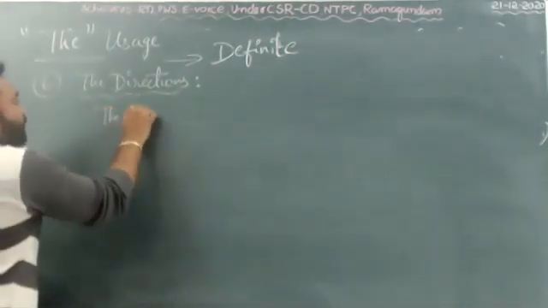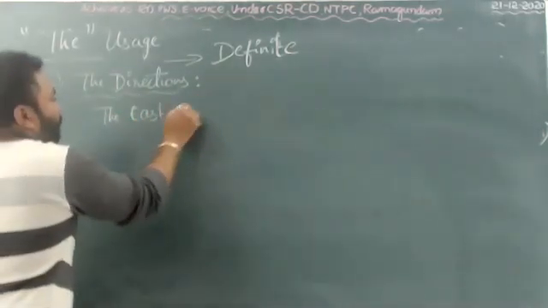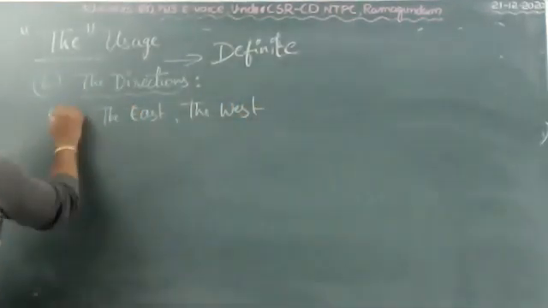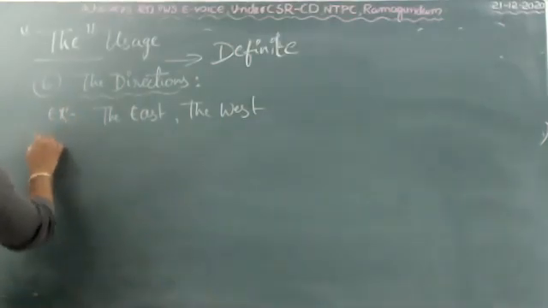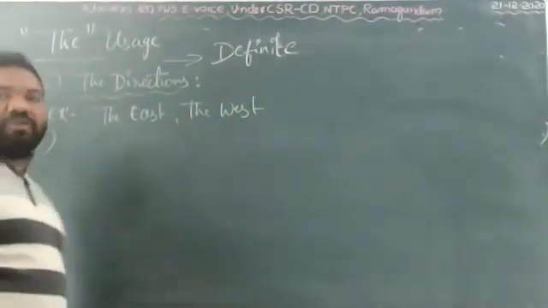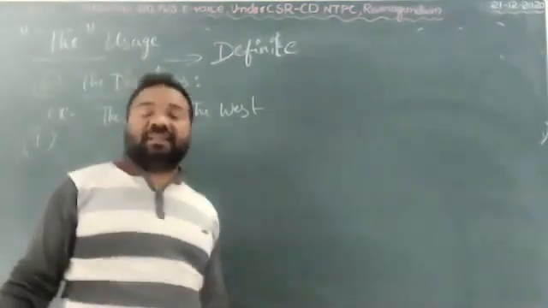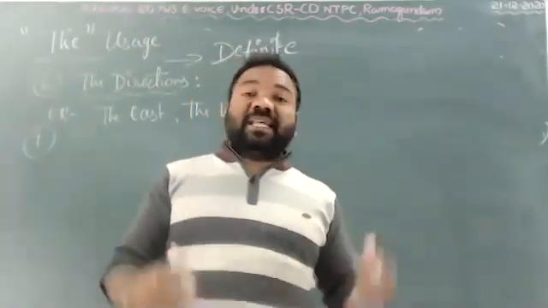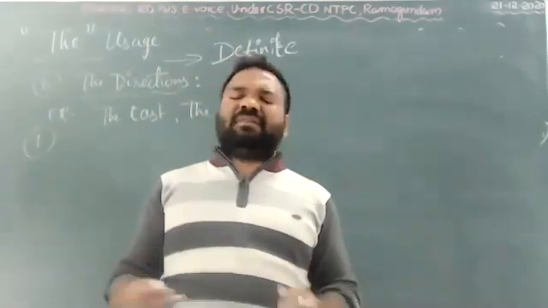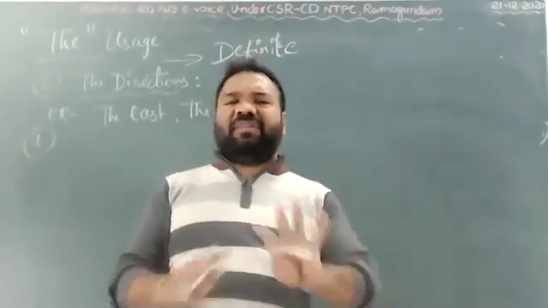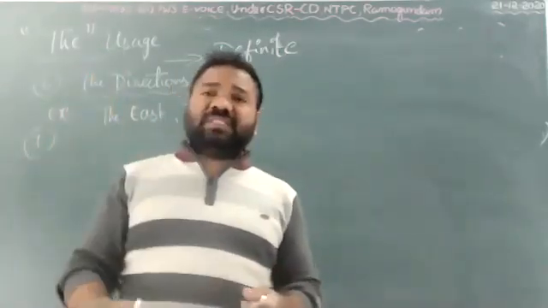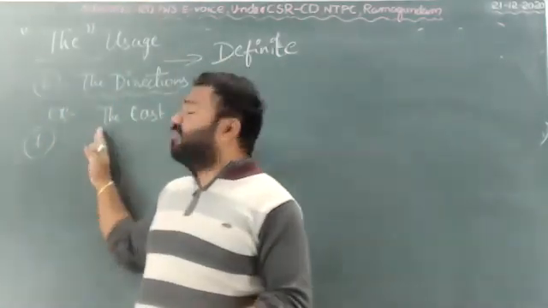Like the east, the west, the north, the south. You never use any other article, okay? The southern part, the northern part, the eastern Ghats, the western Ghats, for all these you got to use the whenever a direction is mentioned in the sentences. Students, you got to write the, never forget, okay?